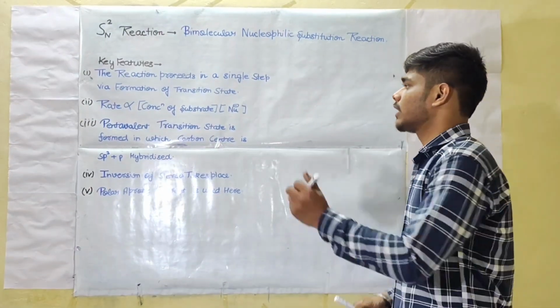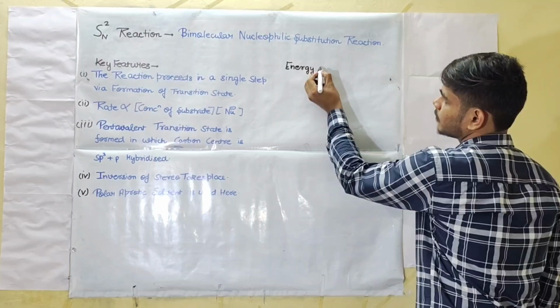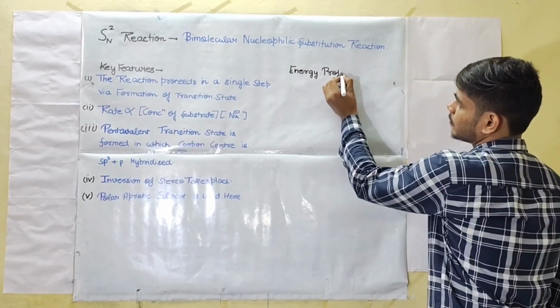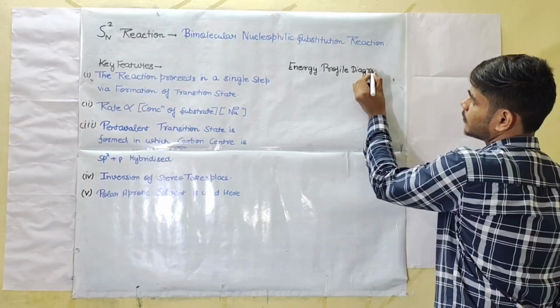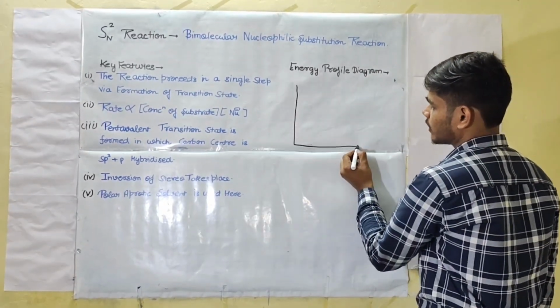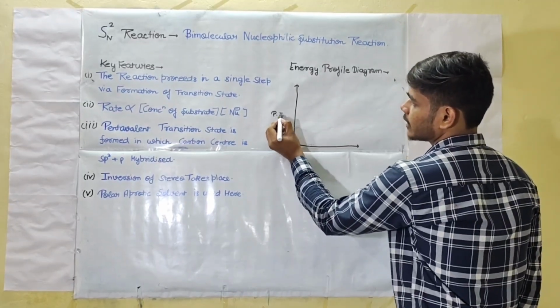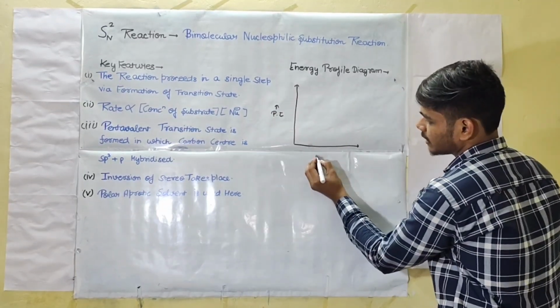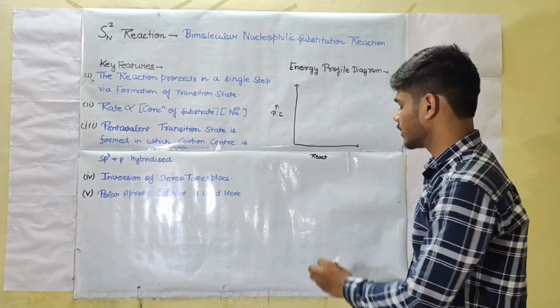If we look at the energy profile diagram of SN2 reaction, we have two coordinates in which the y coordinate represents potential energy and the x coordinate represents reaction coordinate, just like in the SN1 reaction.